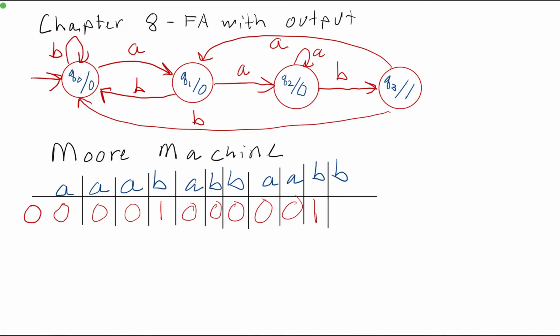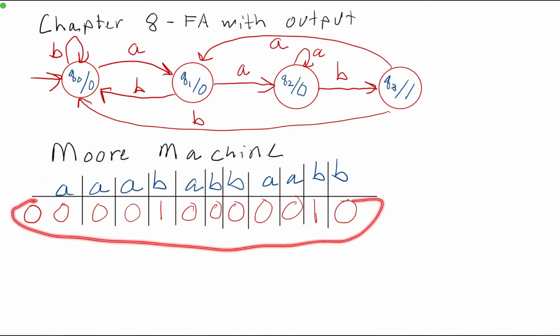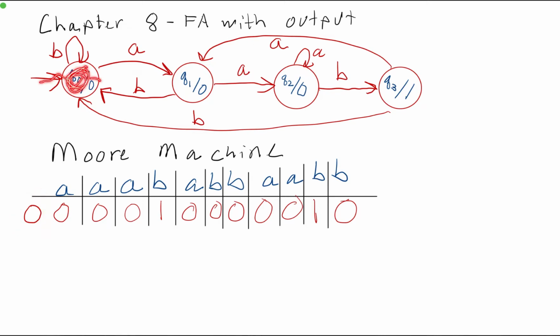And then another B, which causes us to move back to that state and produces a 0. So our input word is this, made up of A's and B's, and this is our output word. And once again, it has one more character than the input word, because we automatically land in a start state that produces an output.